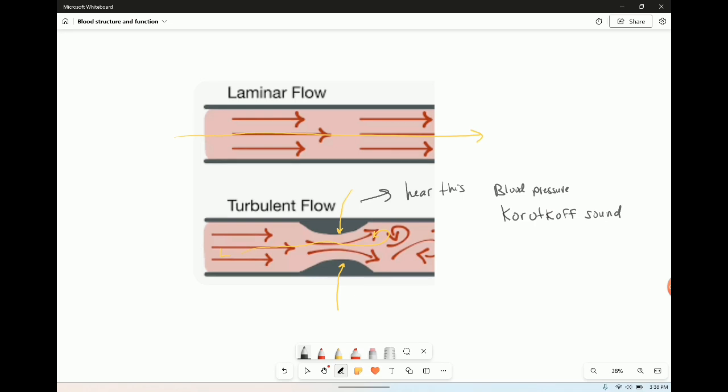It's named after the person that founded it, Korotkoff. So when you are taking someone's blood pressure and you're listening with your stethoscope and you start to hear this sound, you are hearing a turbulent sound, but because it's done through blood pressure, it's called the Korotkoff sound.